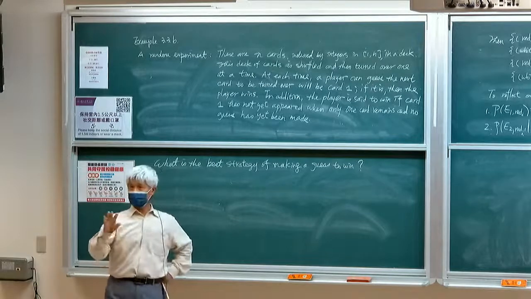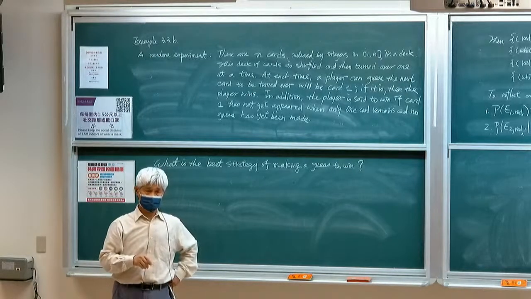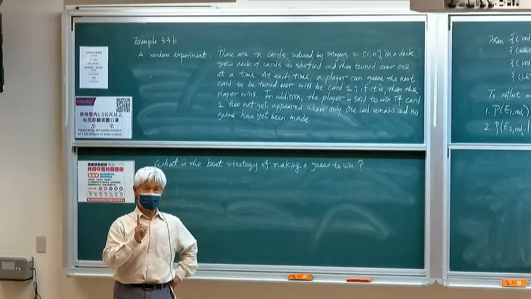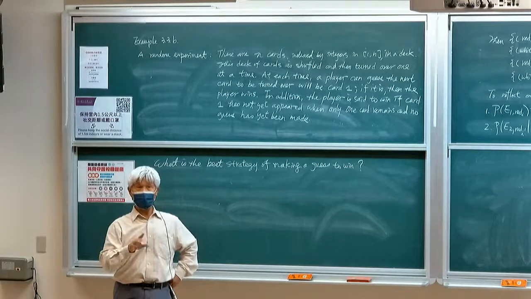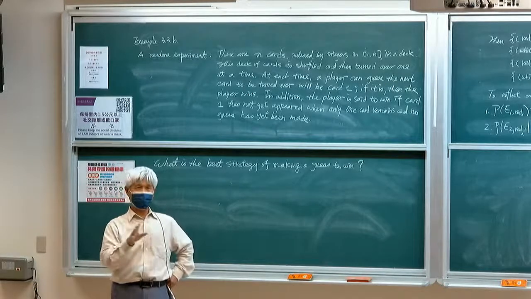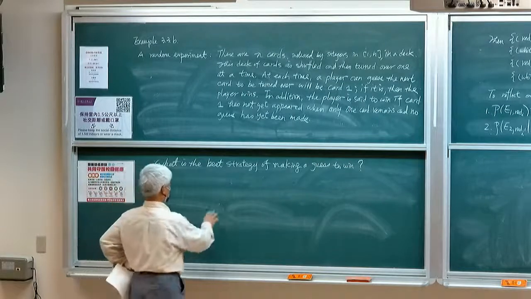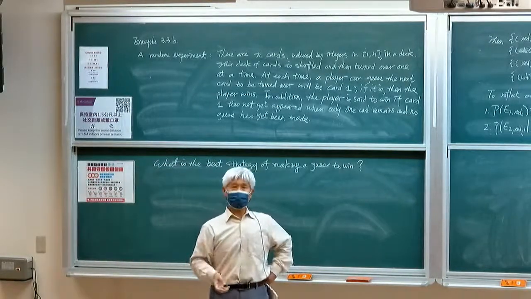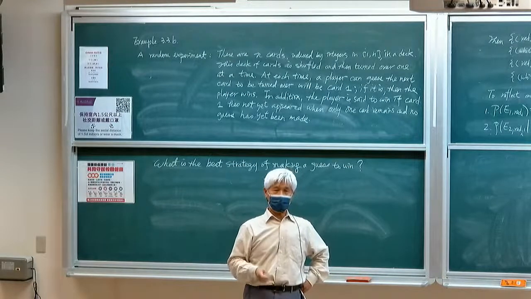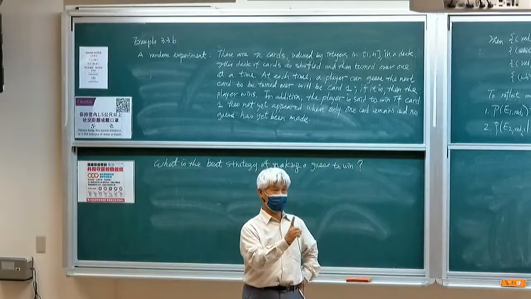Because the player can only make one guess, only one guess. But he or she can wait. So maybe you will choose a strategy where I will make the guess the first time. That is one strategy.